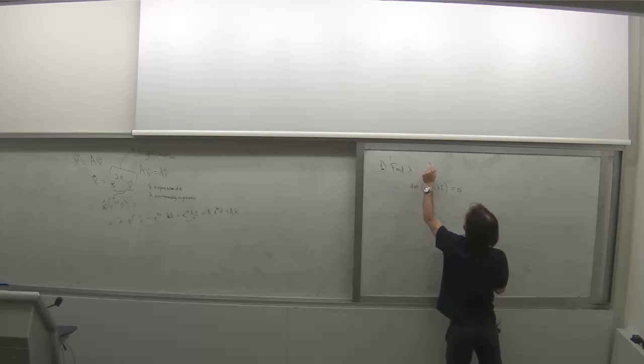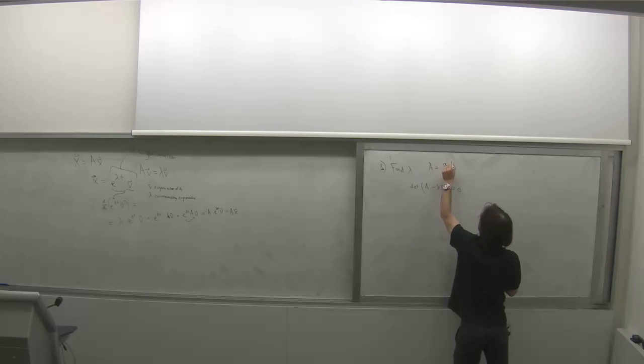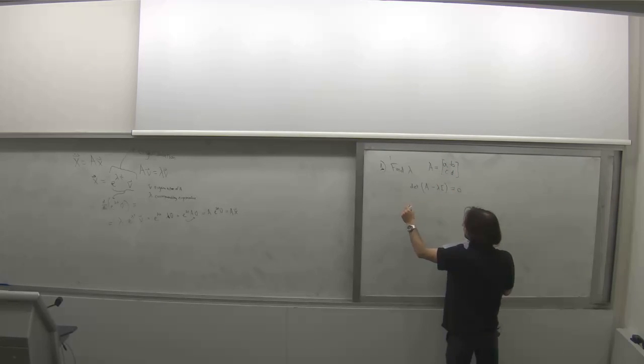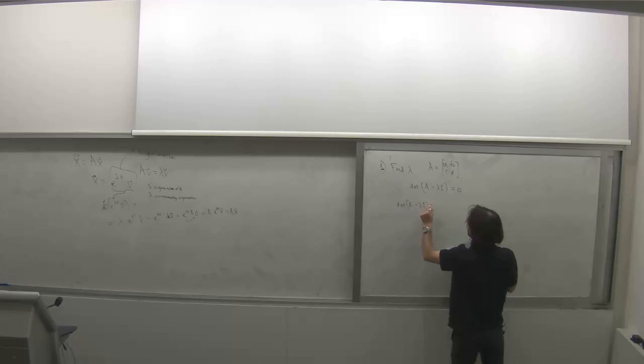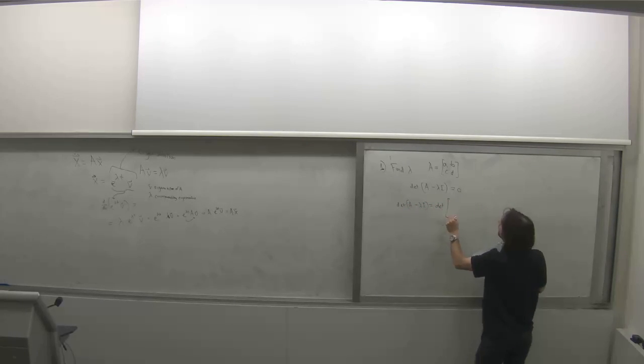So our A is of the general form that I showed earlier. Now I'll write its components. So that the determinant of A minus lambda I is the determinant of this matrix.